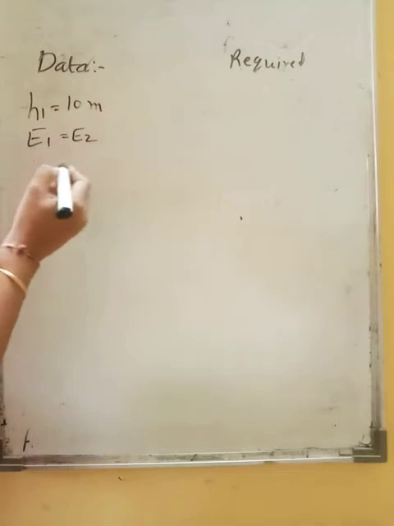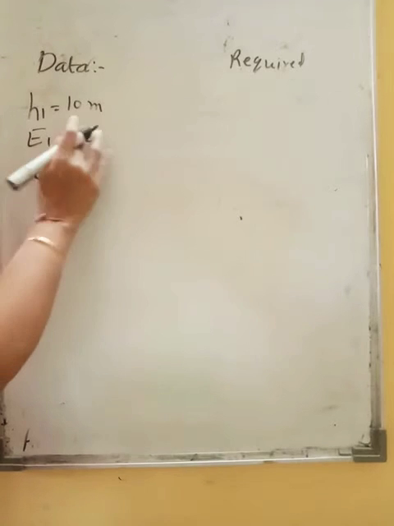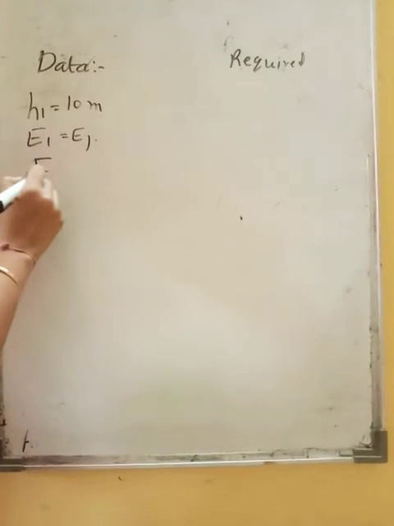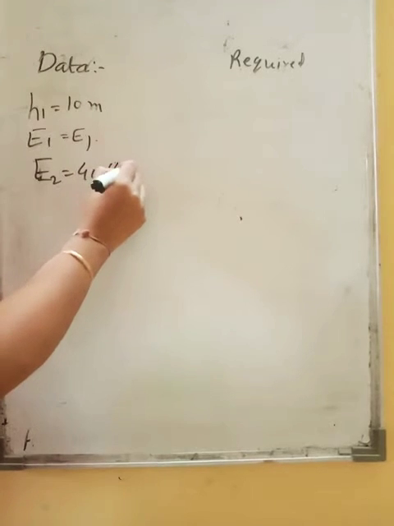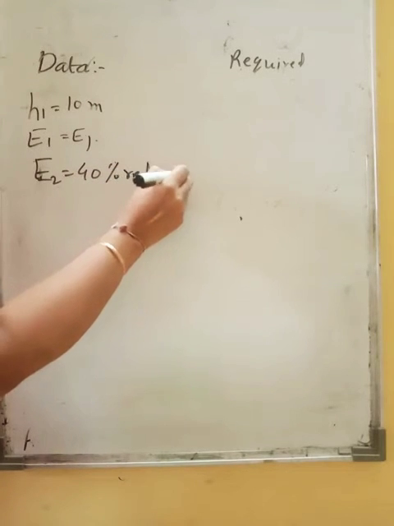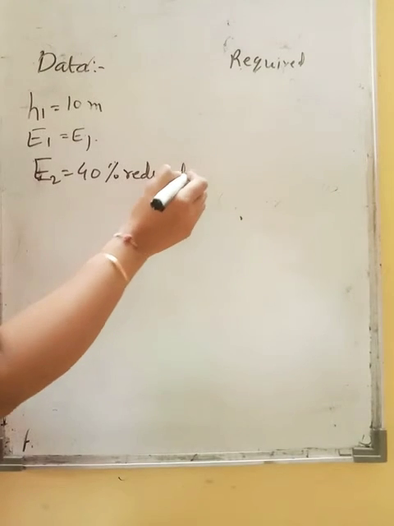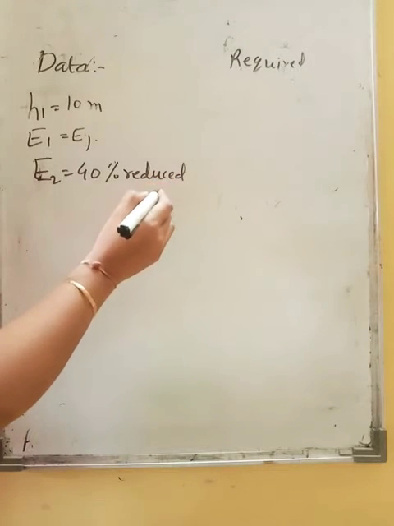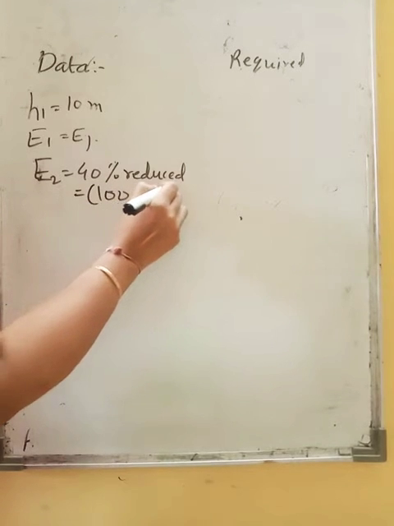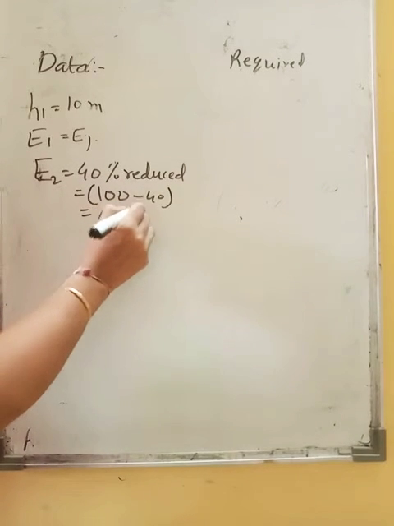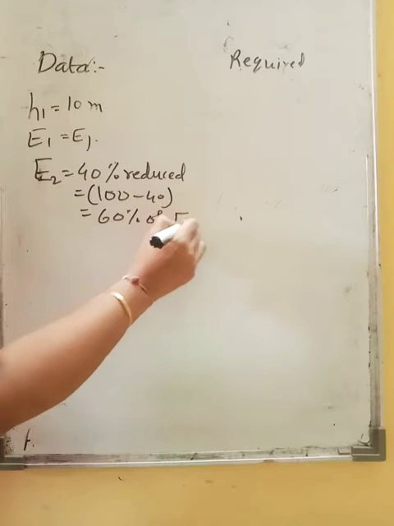Then what happened? E2 is what? 40% reduced. So 100 minus 40 is equal to 60% of E1.